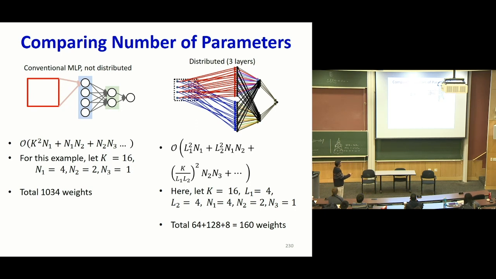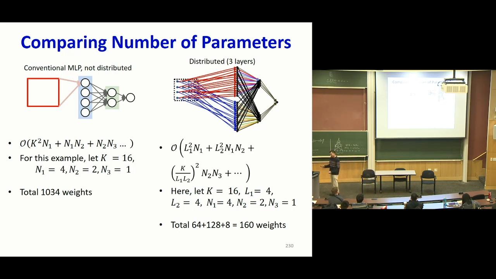But if I scan it using a distributed network, which is looking at the same area and is using the same number of neurons to analyze each location, I get 160 parameters. And the difference can actually be much larger. As the networks get larger, it can be several orders of magnitude. Right? So that is to answer your question.